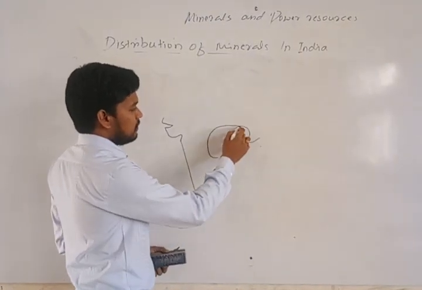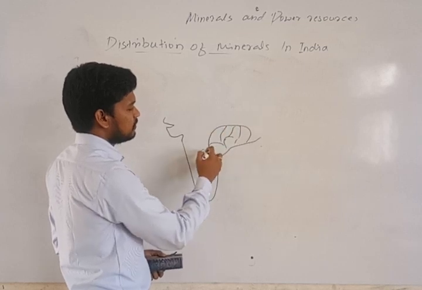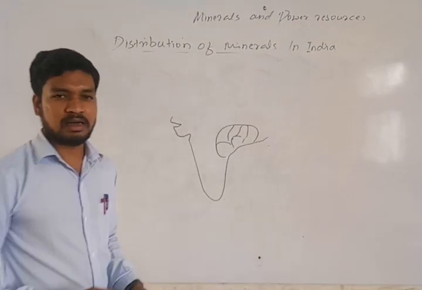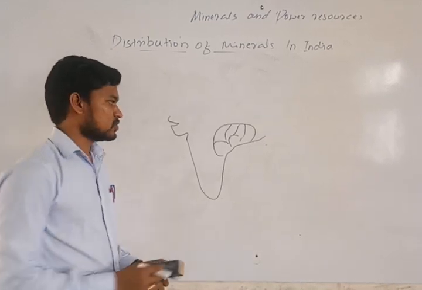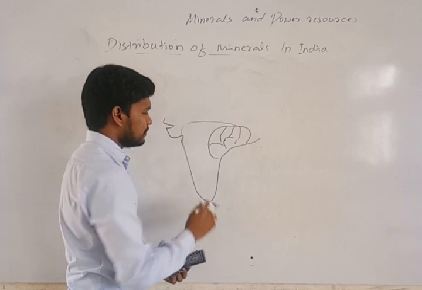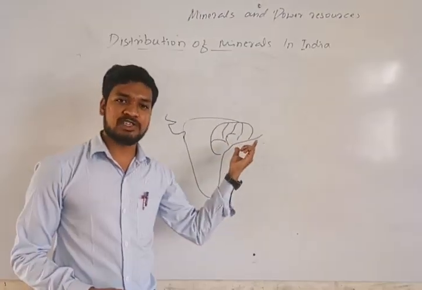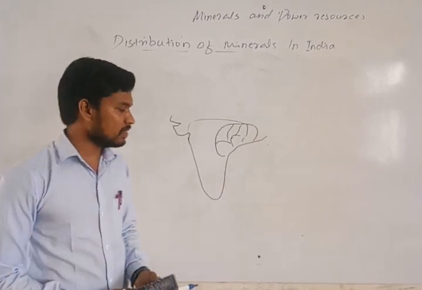Here we have West Bengal, Odisha, Chhattisgarh, Jharkhand, Andhra Pradesh, and some part of Maharashtra. Entirely this portion is made up of igneous rock and metamorphic rock, but this portion has more deposition of minerals.